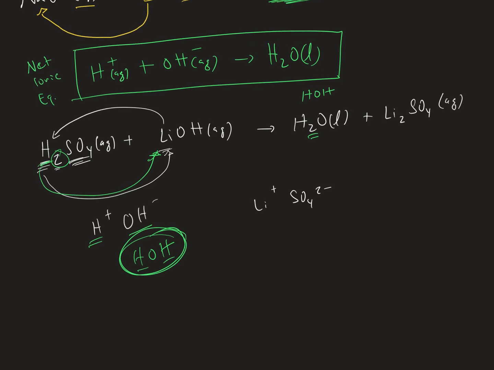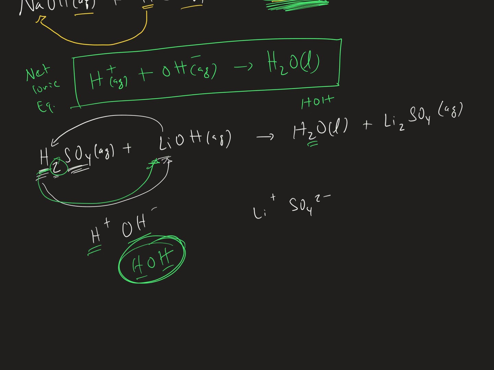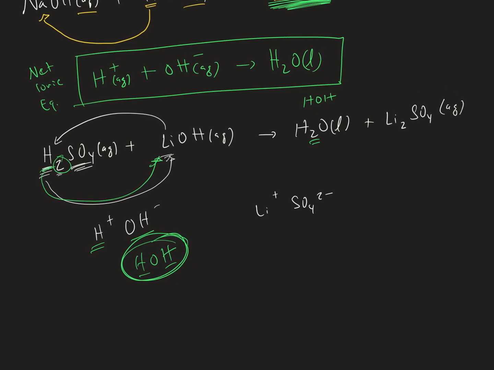All right, is it balanced? One sulfate, 1 sulfate. 1 lithium, 2 lithiums. Oh, we better put a 2 right there. Where else do we need a 2? In front of water.